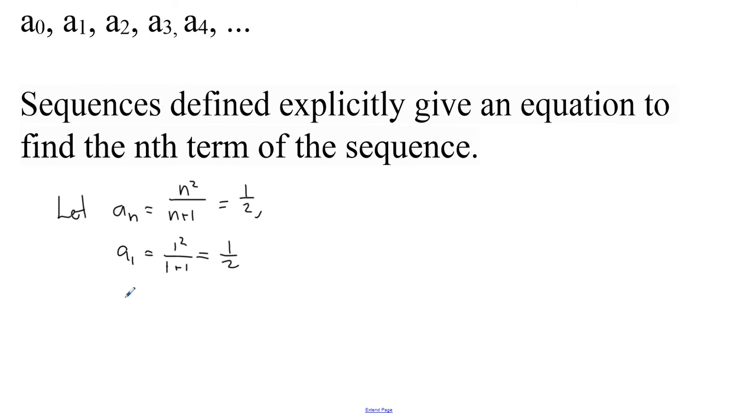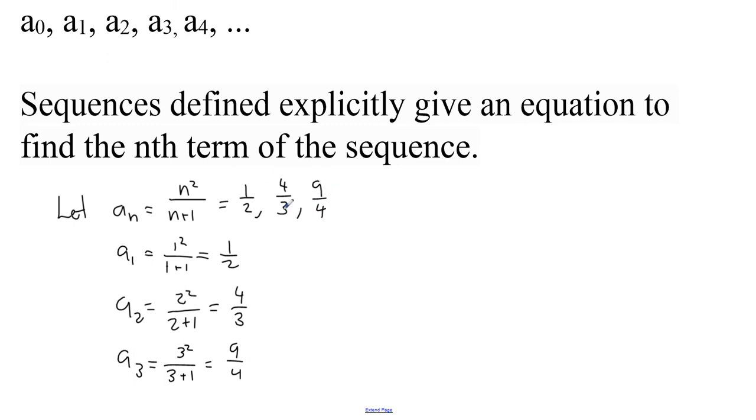And then the next term, a sub 2, would be 2 squared over 2 plus 1, which would be 4 over 3. And then the next term after that, a sub 3, would be 3 squared over 3 plus 1, which would be 9 over 4. And I don't think I can reduce any of those fractions.